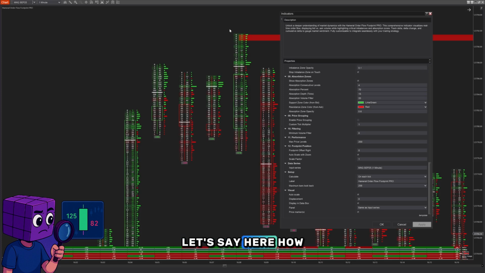Let's say here, how many do we have? 1, 2, 3, 4, 5, 6, 7, 8. We have 8 consecutive rows with absorption. Of course, we have to do deeper research and analyze more candles to make a conclusion, but let's say that all the tops and all the bottoms where we have absorption are showing more than 4 rows. You can adjust to 6, 8, 3, and so on to see more signals.